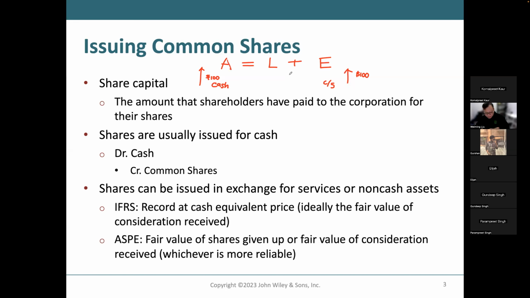We define the increase to the left side, the left side accounts, as a debit. And the opposite is the credit.